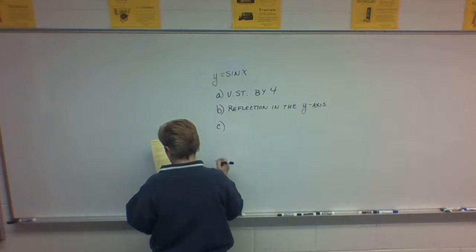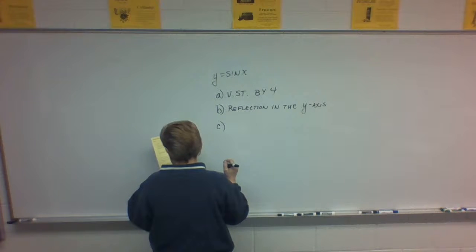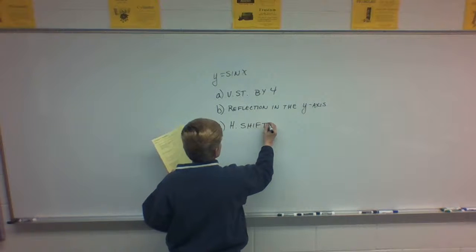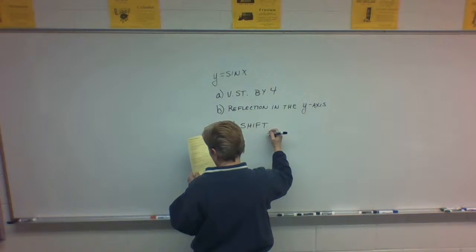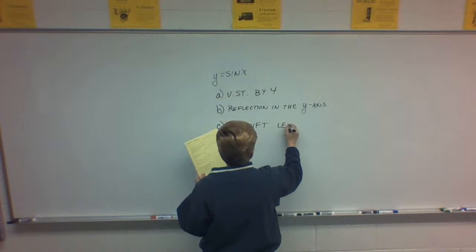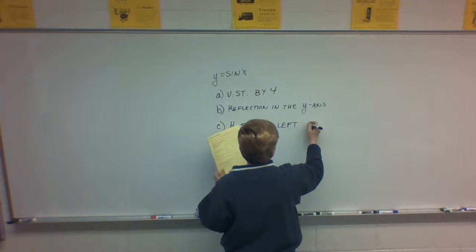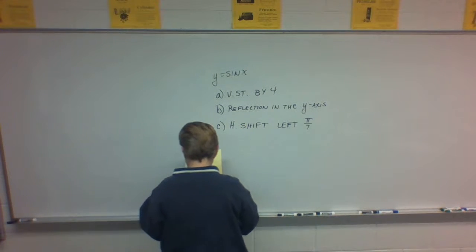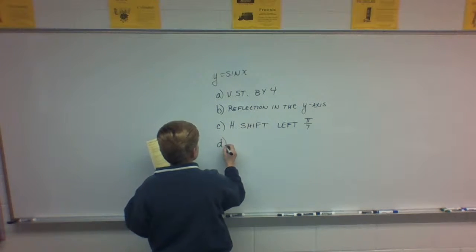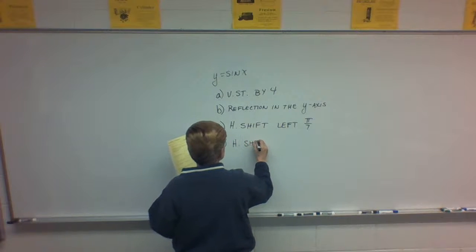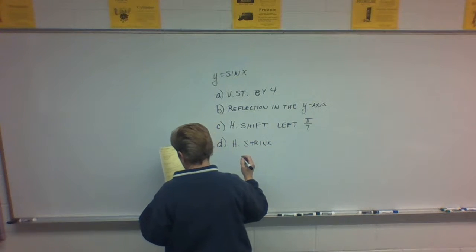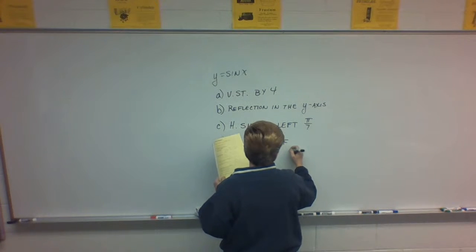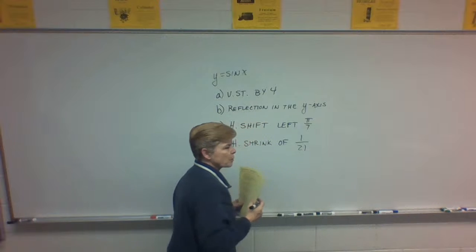Okay, C, so we got a reflection for B. A horizontal shift, that's called a phase shift, by the way, but they call this a horizontal shift in these words, to the left pi sevenths. That's gross. And D, a horizontal shrink of 1/21.